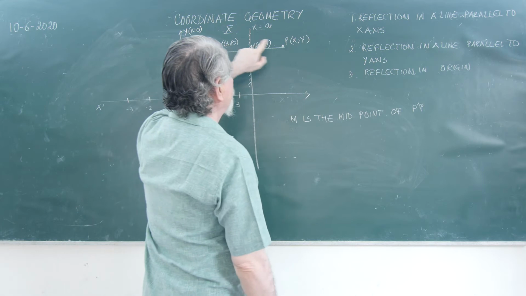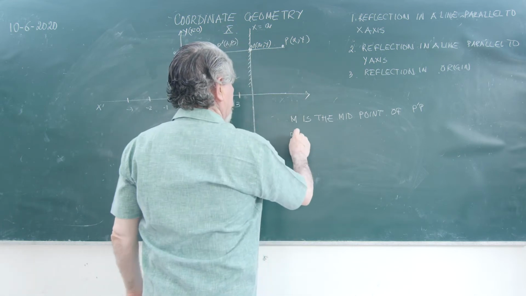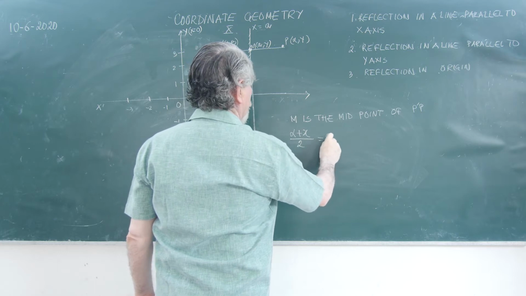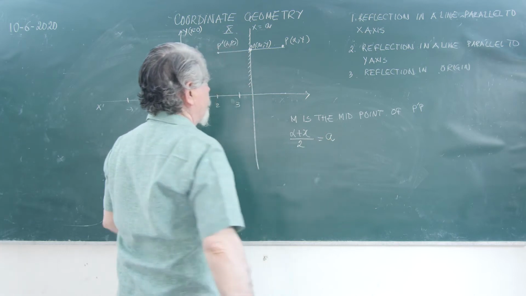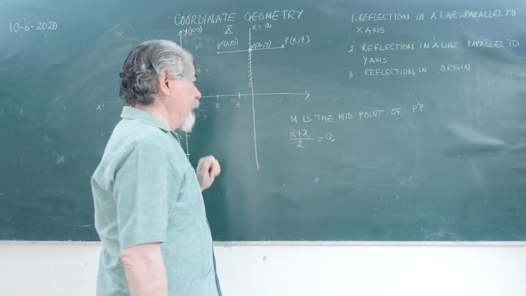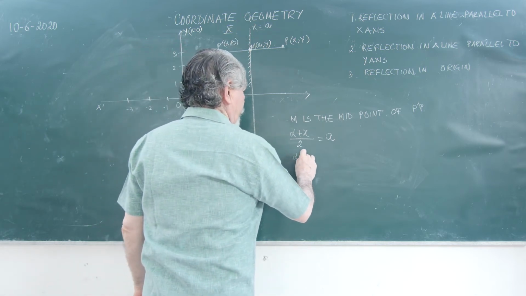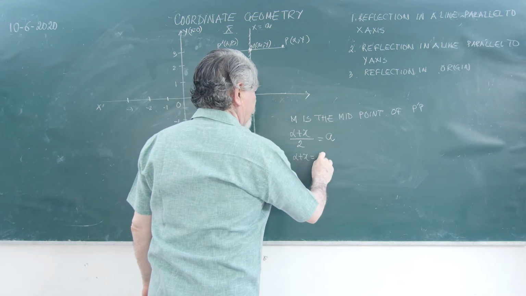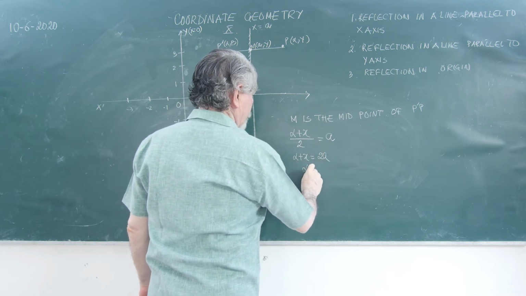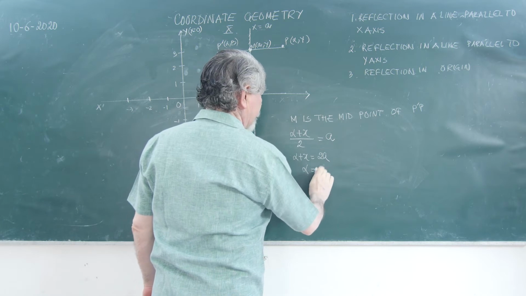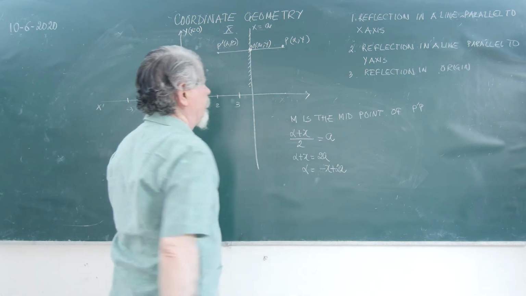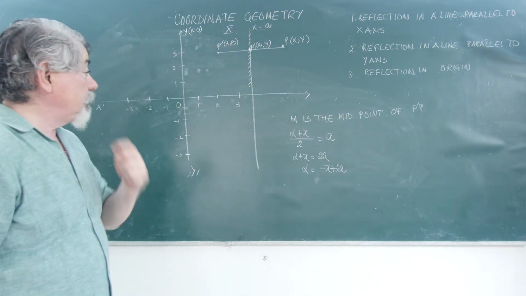So alpha plus x upon 2 will be equal to a here, because on this line, x is always going to be equal to a. So alpha plus x will be equal to 2a, so the alpha coordinate will be minus x plus 2a.